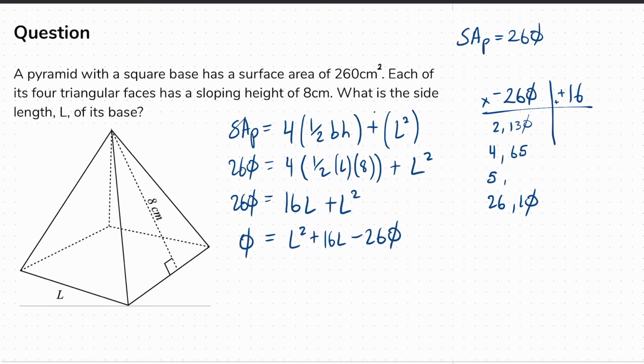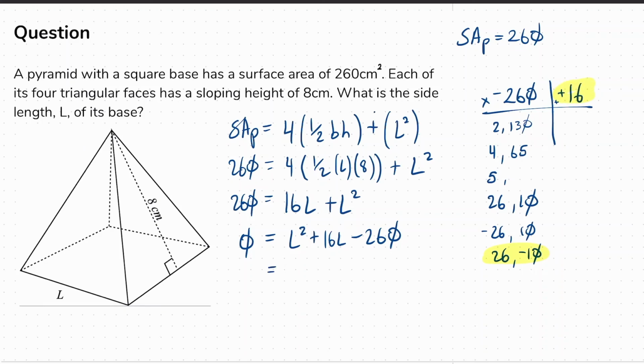So now I need to figure out, well, which one's positive? Right, if I sum them together, so either negative 26 and 10 or 26 and negative 10. Well, which one's going to give me positive 16? This one here, right? The number with the highest value, 26, is positive because my sum is positive.